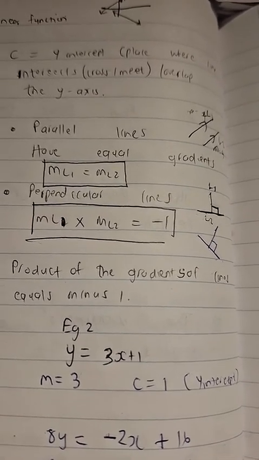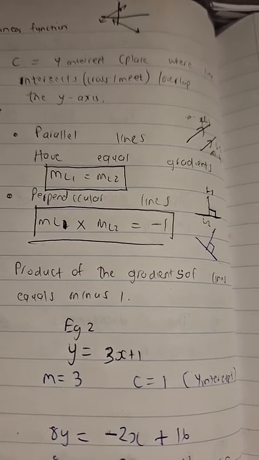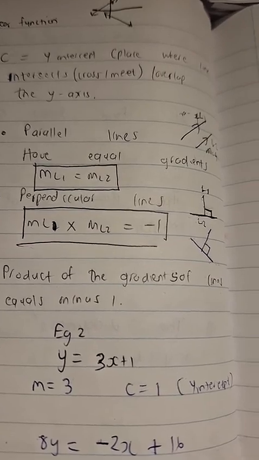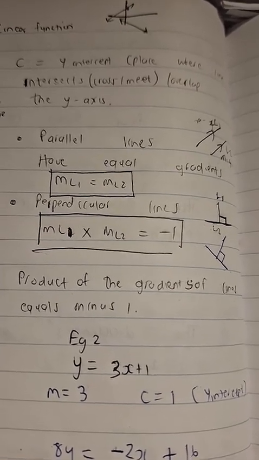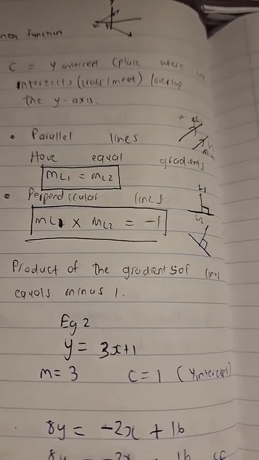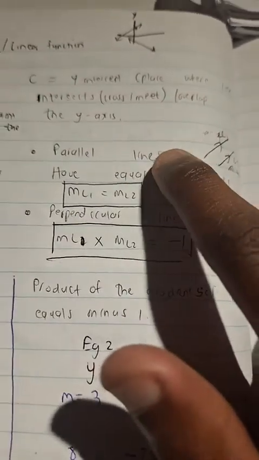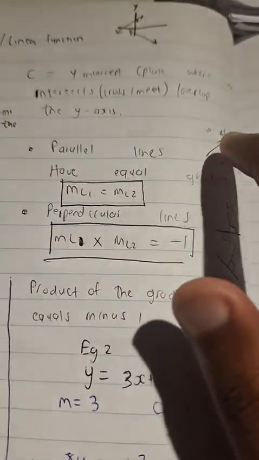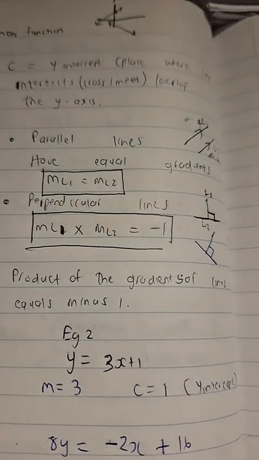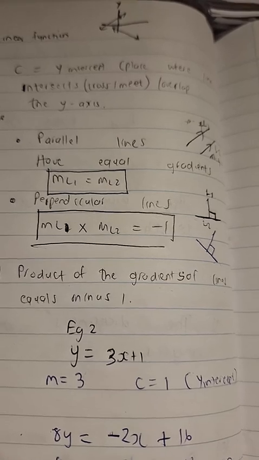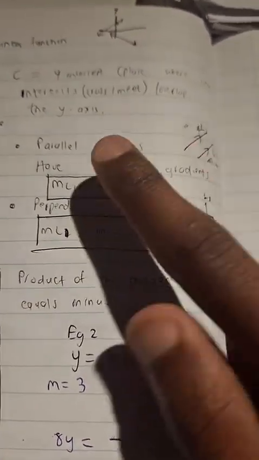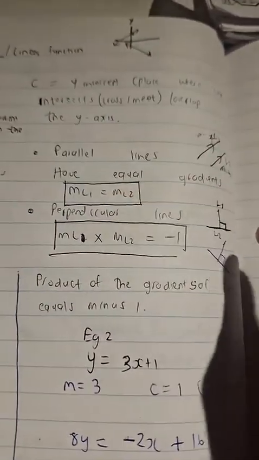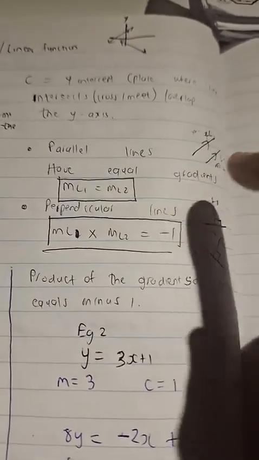You're sitting there doing nothing, and then all of a sudden someone like me, an avid maths person who loves teaching mathematics, is sitting there thinking, parallel lines equal gradients.